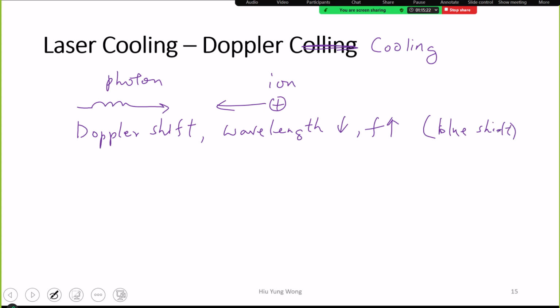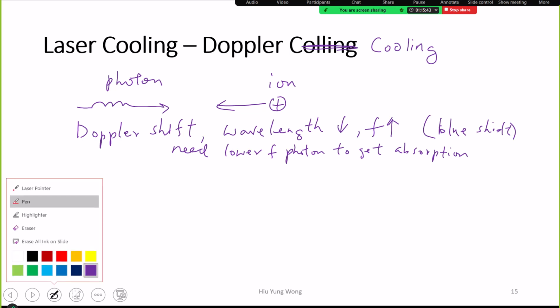Right? So you need a lower frequency photon to get absorbed. Sure. Okay, so let's say your ion originally is 14 gigahertz.